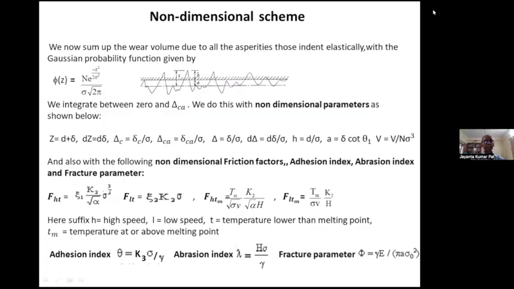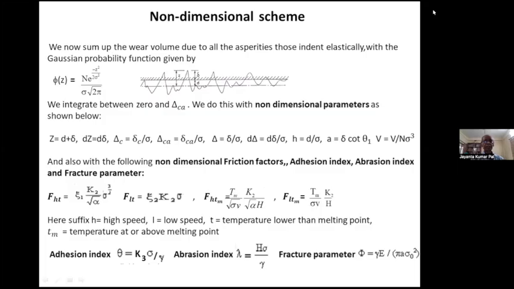Capital delta C, which is the critical non-dimensional displacement, will be small delta c by sigma. Small delta c is the actual critical displacement that distinguishes between the elastically and plastically deformed asperities.